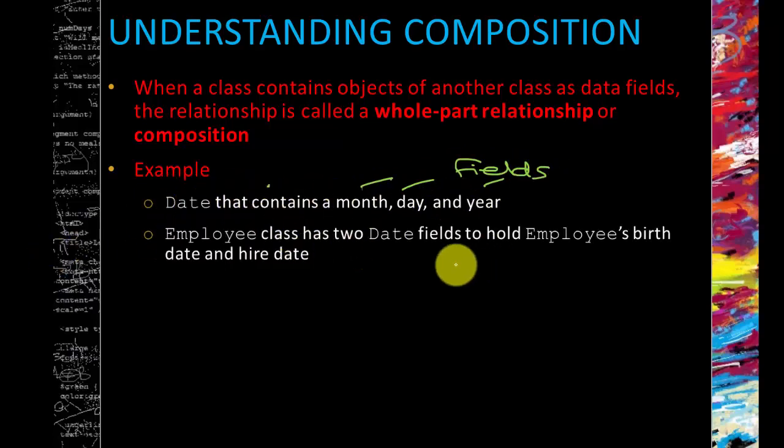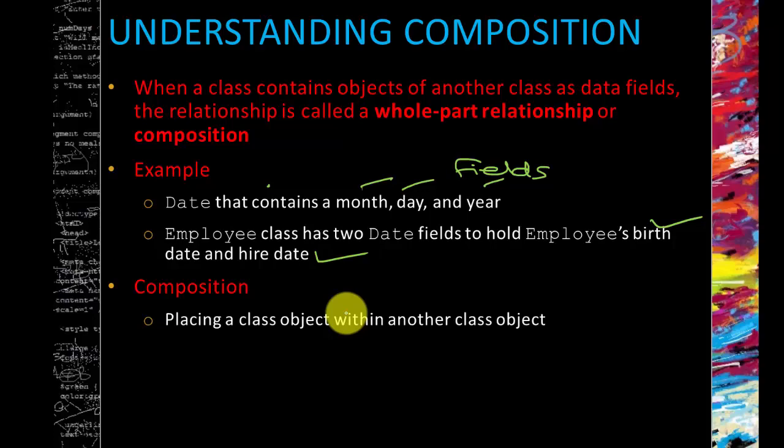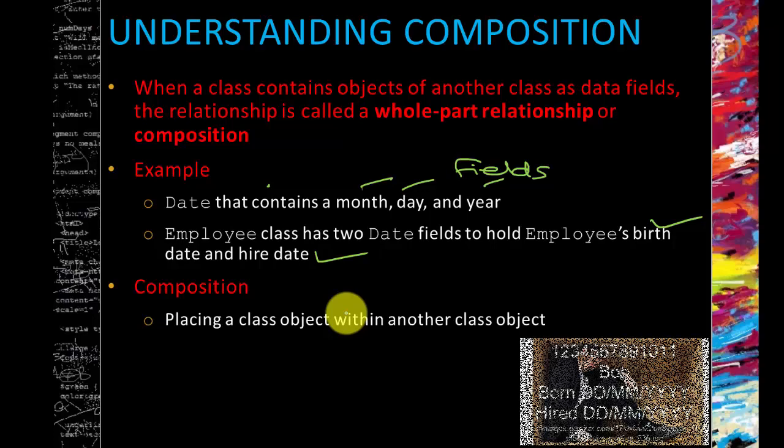Our employee class has two date fields to hold our employee birth date and hire date, correct? Does birth date contain a month, day, year? Yes. Does hire date contain month, day, year? Yes. So employee class has two date fields to hold the employee's birth date and hire date. So what we've actually basically done is we have placed a class object within another class object.